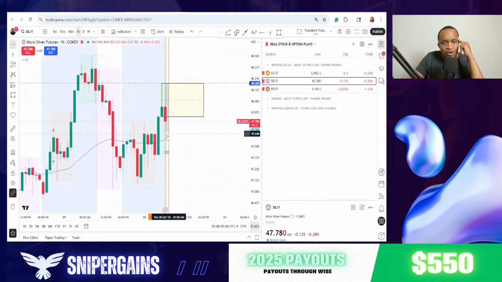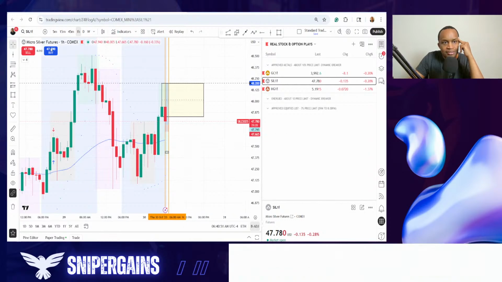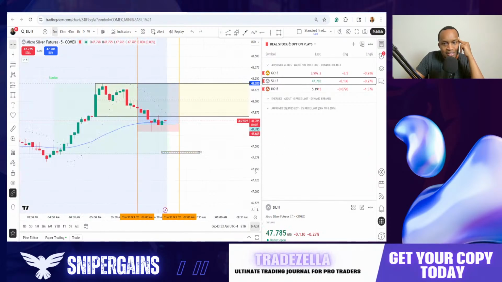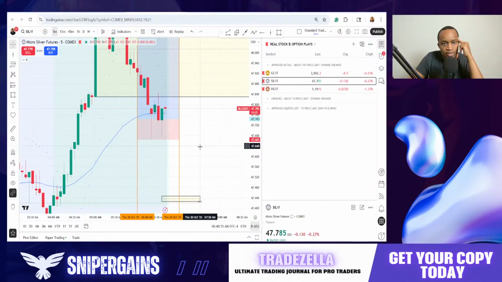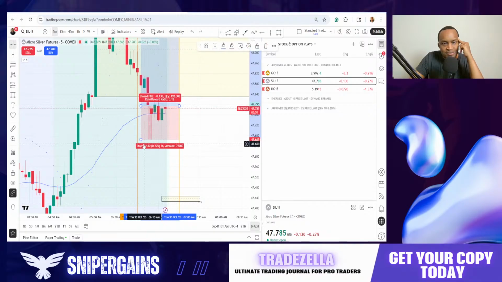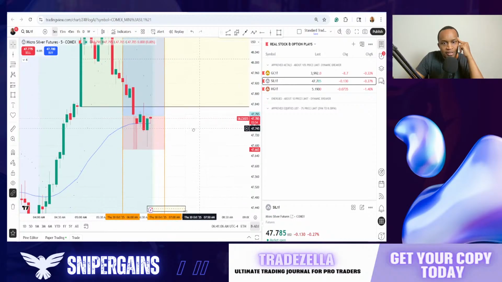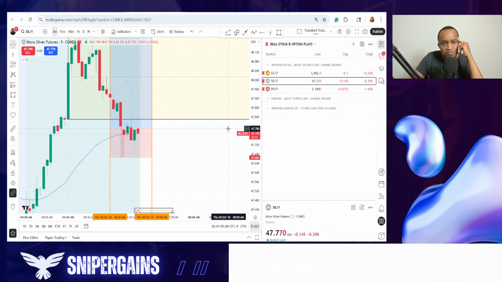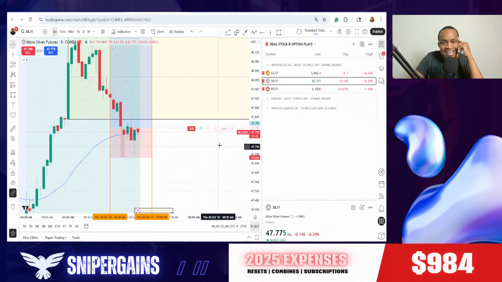I can look for an A setup with SIL. So SIL does have a setup that could work if the risk is not as much. The problem with SIL at the moment is it can be a little bit extreme in terms of how much I'm spending, and it hasn't formed any bullish fair value gaps yet. Let me take this out.